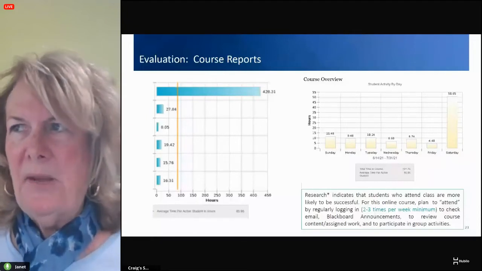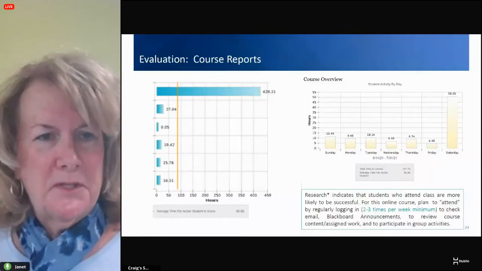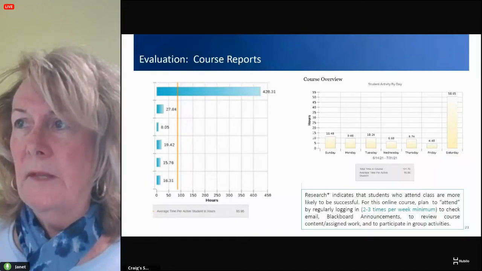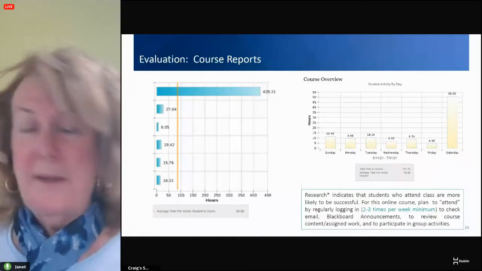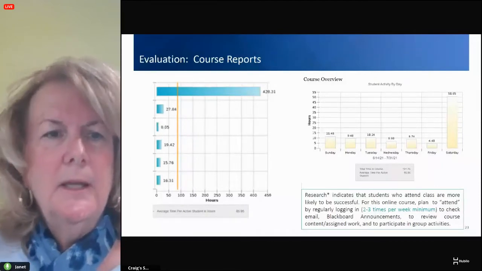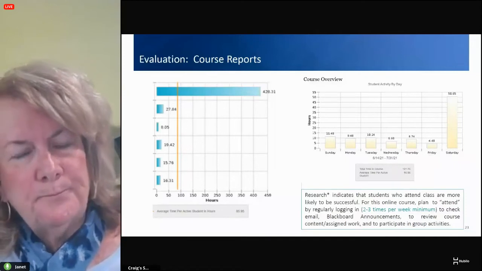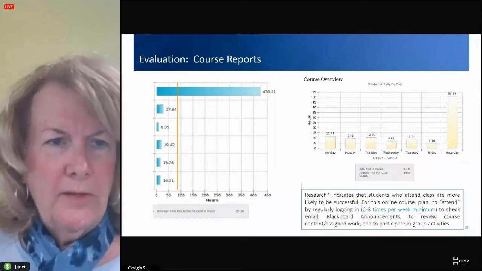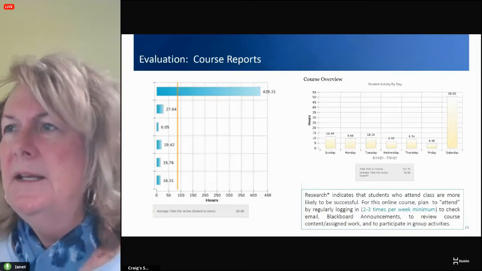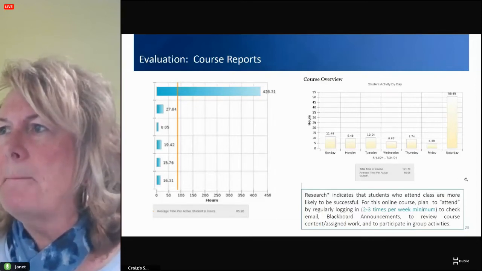I'm seeing this pattern that one of your group members is really spending a lot of time in the course, five of the group members are not spending as much time, and most of you are logging in on Saturdays. I use that information to help inform them of some ways to set them up for better success. Next slide, please.